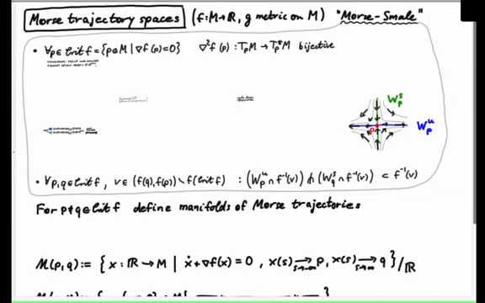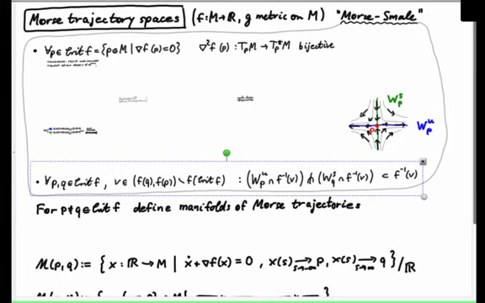That's Morse. And then the Smale condition has something to do with the metric. The metric gives you gradient flow lines, and you'd like the unstable and stable manifold to intersect transversely. That's what people usually say.